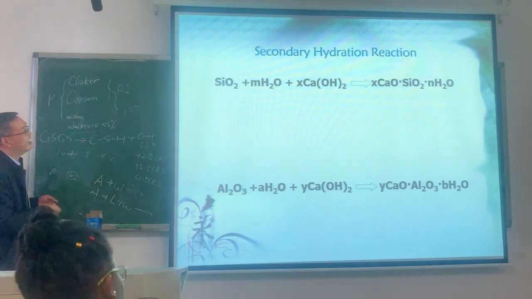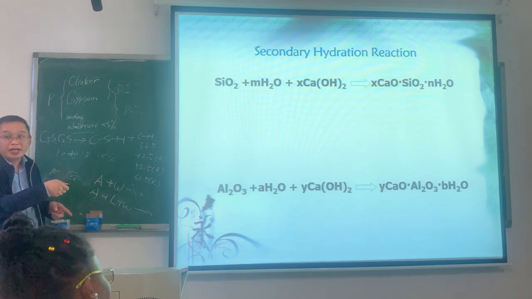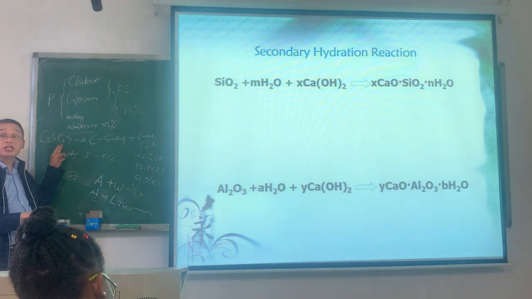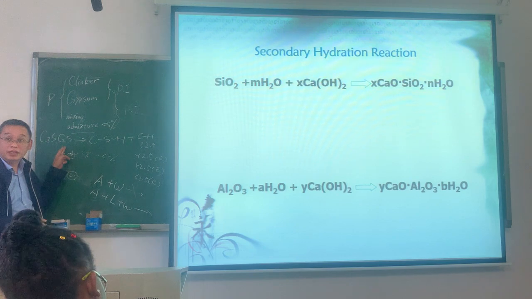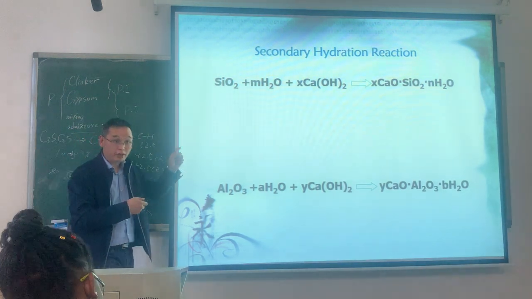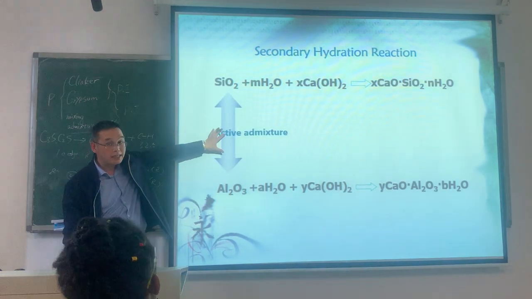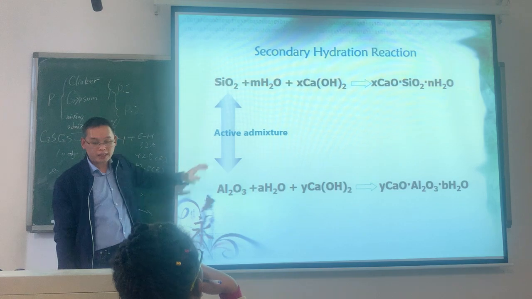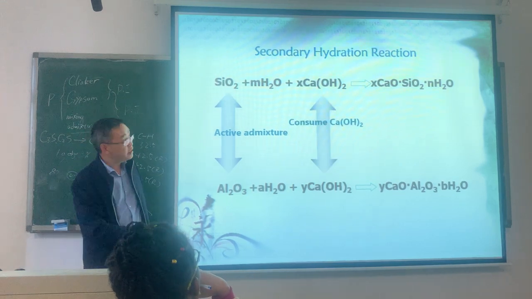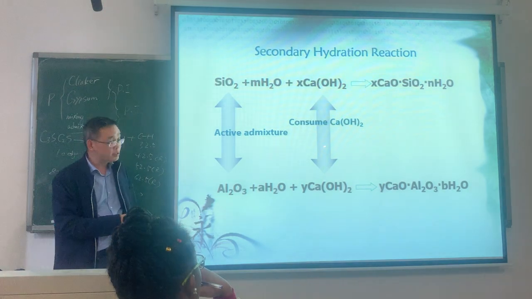What is the first hydration reaction? The first hydration reaction is that of the clinker, and the reaction with the admixture comes after it. So this is the secondary hydration reaction. These are the active elements, and this is consuming calcium hydroxide.